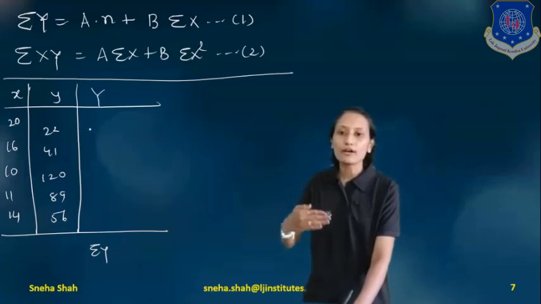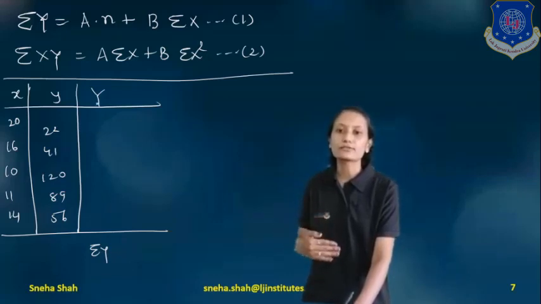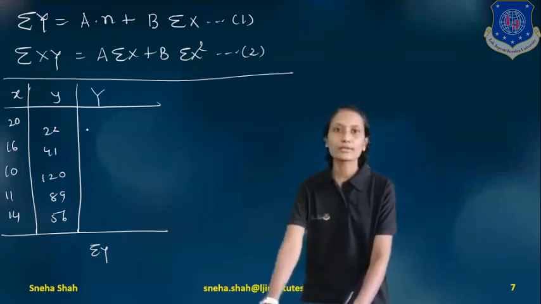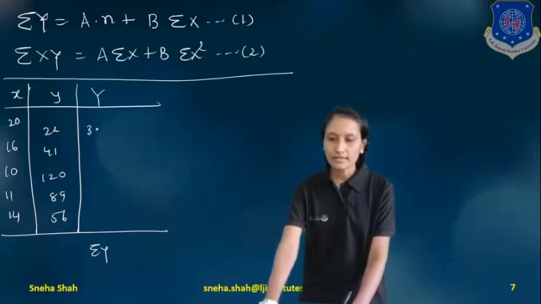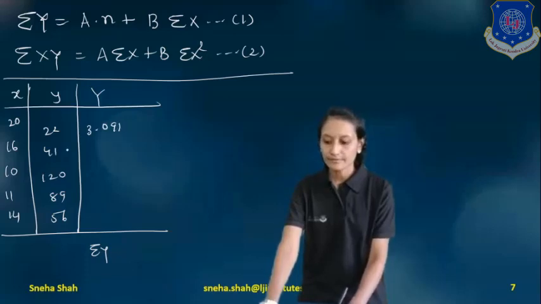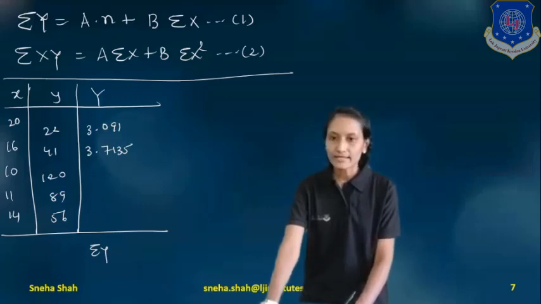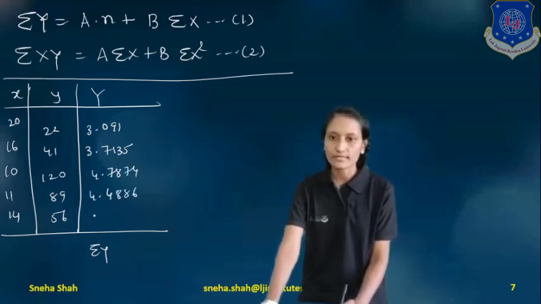Similarly we take the log of all these values, which will give you the term capital Y. So if I take log 22, its value will be 3.091. Then the next value will be 3.7135 if I take log 41. And if I take log 120, the value will be 4.7874. Likewise, I will find out all the other values.